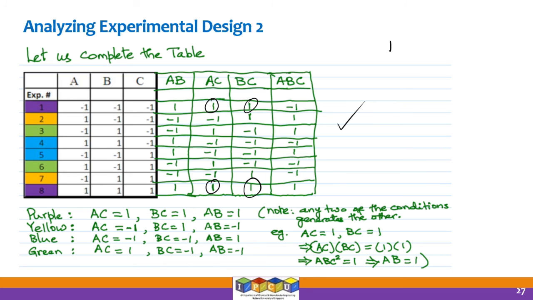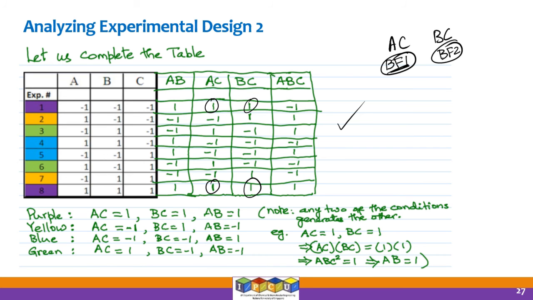So we can take AC and BC as the block factors. Let's call AC block factor 1 and BC block factor 2.